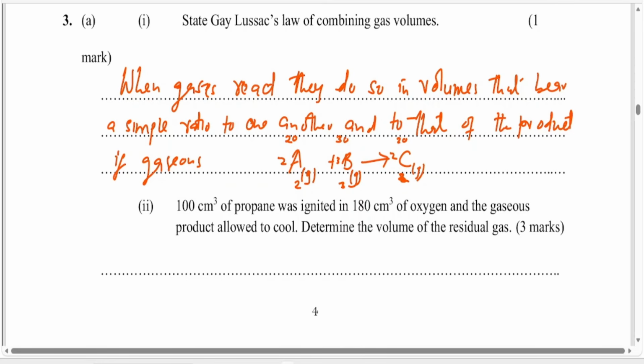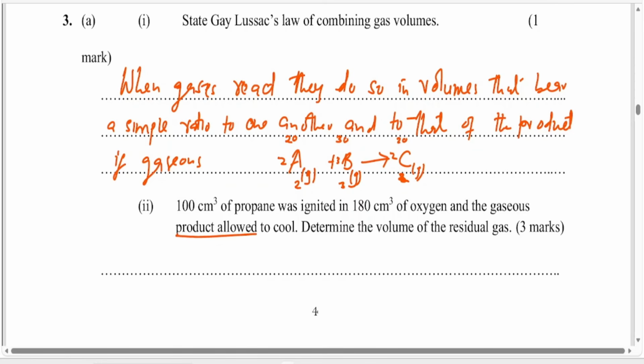But now we are applying this to a question given different volumes. We are being told that 100 cubic centimeters of propane was ignited in 180 cubic centimeters of oxygen and the gaseous product allowed to cool. Determine the volume of the residue gas.